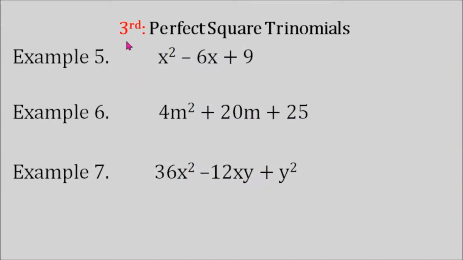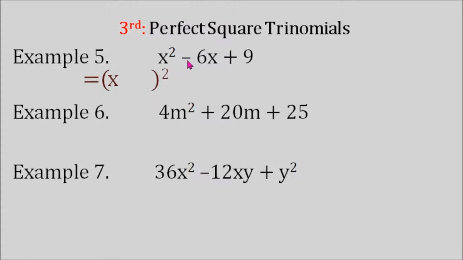The third factoring technique is factoring perfect square trinomials. Example number 5. Factor x squared minus 6x plus 9. Since it's a perfect square trinomial, the factors are the square of a binomial. The first term here is just the square root of x squared, which is x.